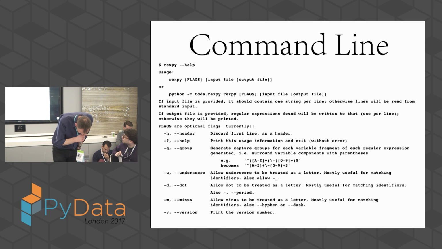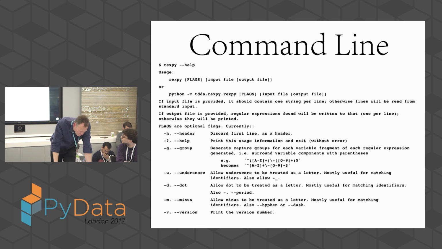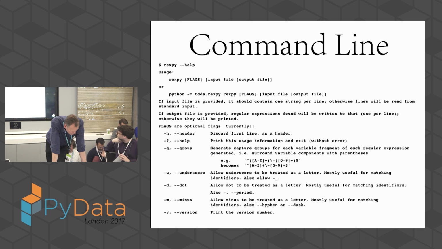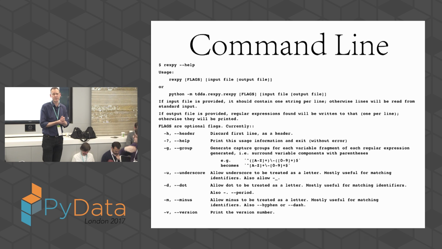And there's a pretty simple API for using it. So if you do the example thing, if you do python -m tdda.rexpy.examples, again, it will produce a directory for you called probably rexpy-examples. And there are simple programs in there, again with trivial numbers of strings, but it works with quite big sets of strings as well.